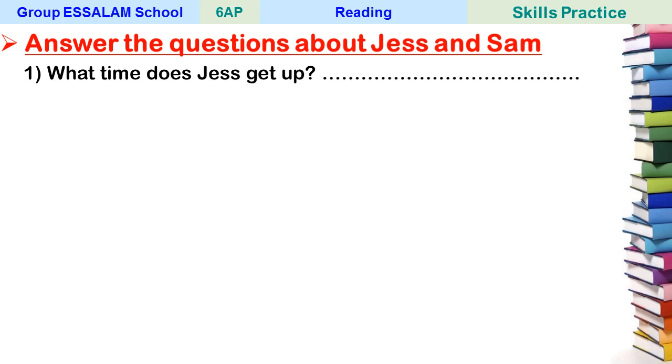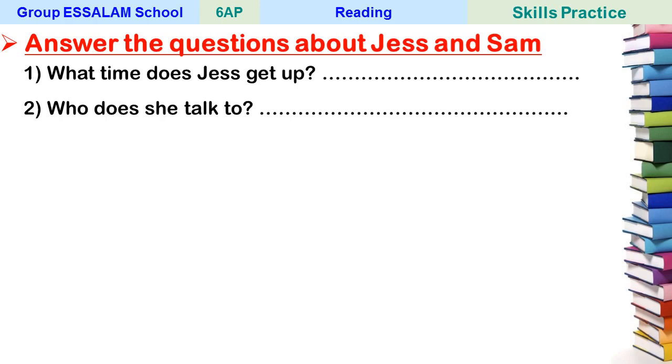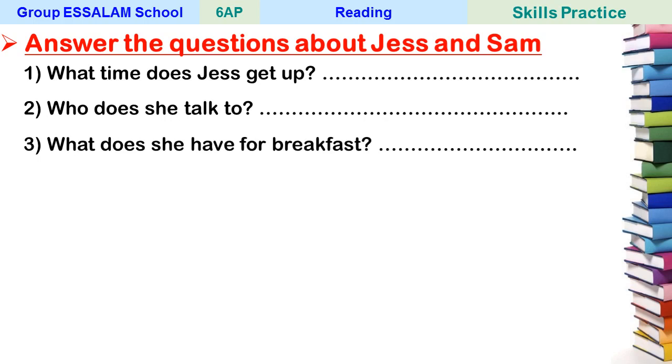Answer this question. Number 2, who does she talk to? So when you have who in the question, it means a person. Give me the name. Okay? That person who she talks to. Number 3. What does she have for breakfast?